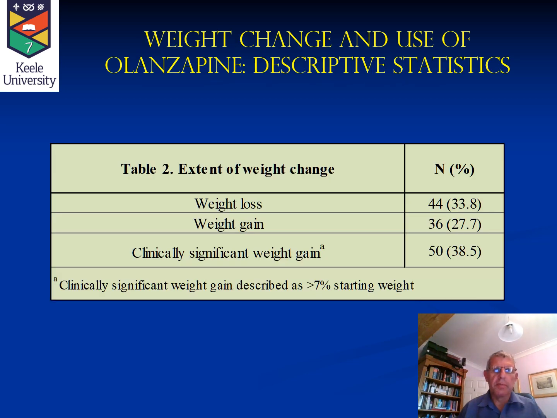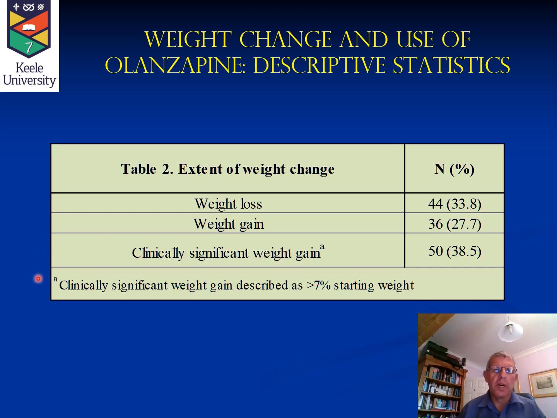And here we see some descriptive statistics. So there were 130 people in the study. Many people could not be recruited to the study because they didn't have two measures of weight in the database, so that reduced the numbers quite significantly.